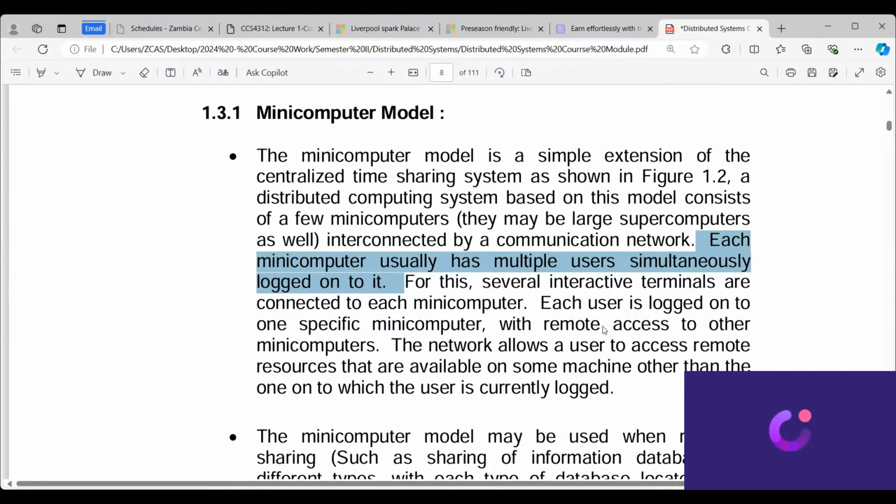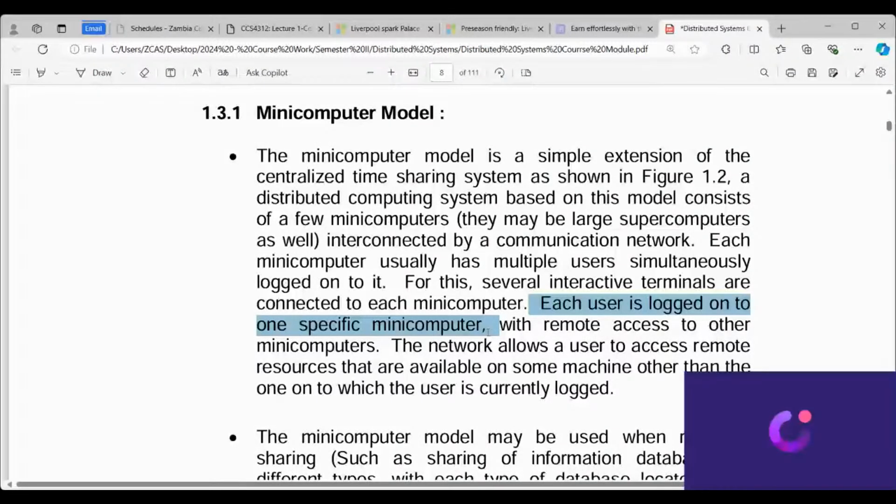For this, several interactive terminals are connected to each mini computer. These terminals are there for the purpose of interaction.